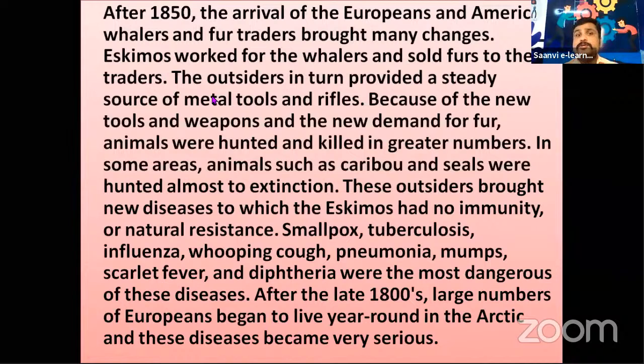Because of the new tools and weapons and the new demand for fur, animals were hunted and killed in greater numbers. What happens when outsiders entered there? They started hunting more animals to sell them, especially collecting fur and meat or some other leather.